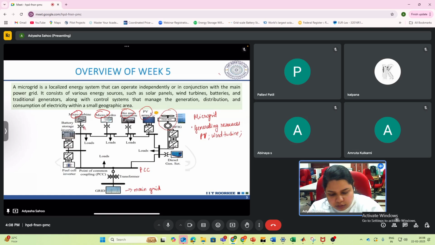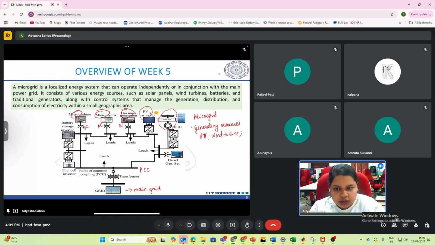The micro turbine and micro hydro are AC sources, so they are connected with the help of transformers, and similarly for biomass generation, whereas PV is a DC source. So it is connected via a DC-AC converter to the AC distribution system. And then you have this wind.